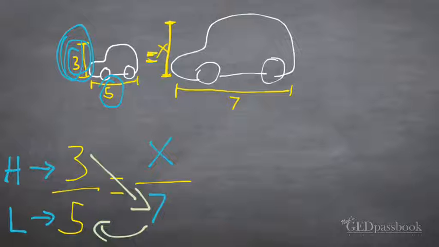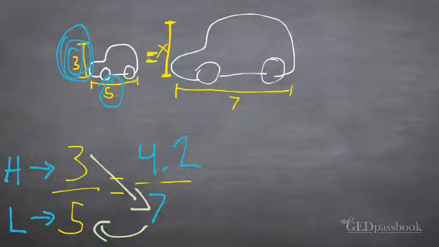What's 21 divided by 5? 4.2. 4.2 feet tall. That's how tall the car is. That's how you solve proportions.